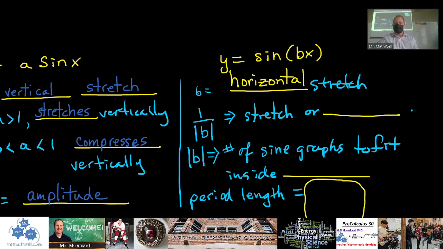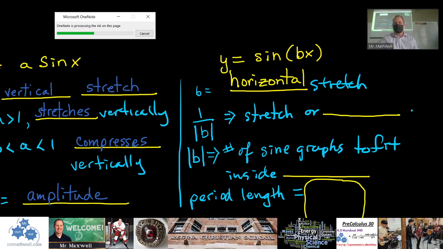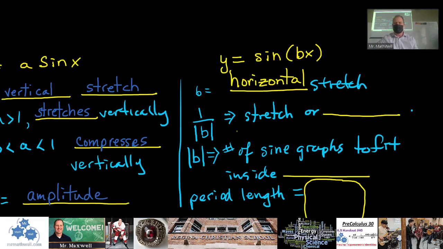Okay, so if you take the b value there and you do 1 over b, that is a stretch, or really it's a compression. So depending on what the b value is, that's the factor by which you stretch it out, or the factor by which you compress it.